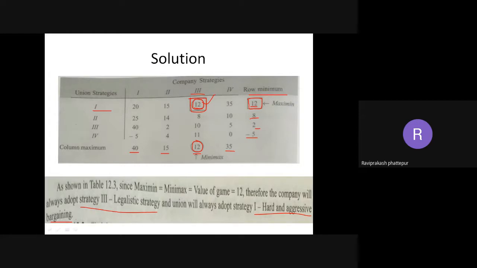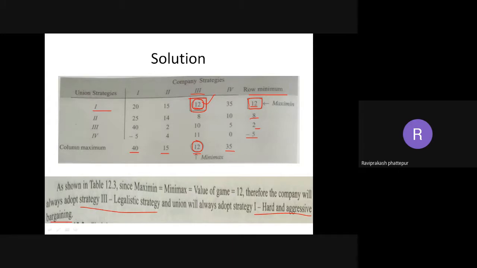And the company tries to be legally correct. They don't want to go into legal battles, or go against the legal authorities, basically. So they try to stay within the legal way, and the union tries as much as possible to get an increase, or whatever the reason they are negotiating, they want to get the maximum.